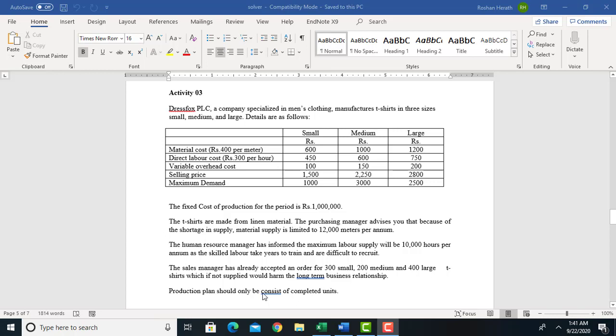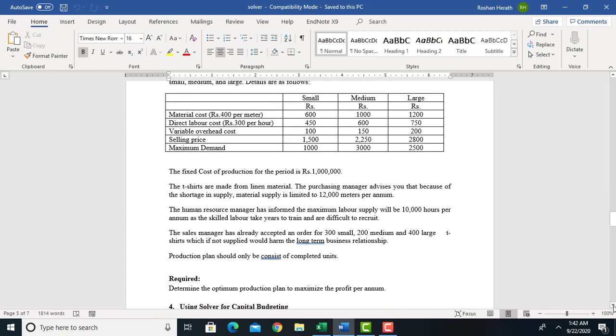The production plan should only consist of completed units. So it suggests that it has to be integer values. The product mix should be integer values. Required: determine the optimum production plan to maximize the profit per annum.